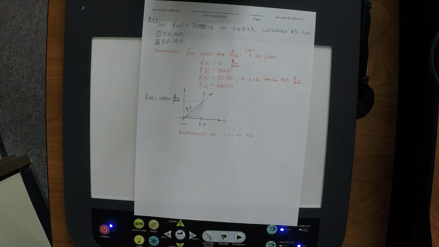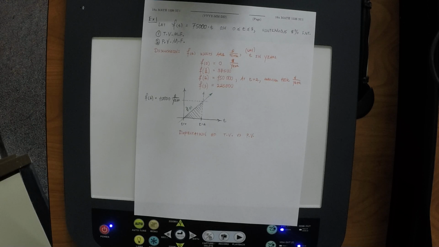Why? Because you would be willing to take smaller money now, because it's going to gain interest over time. Remember that interest is an agreement and representation of how much it's worth to be in control of the money now.